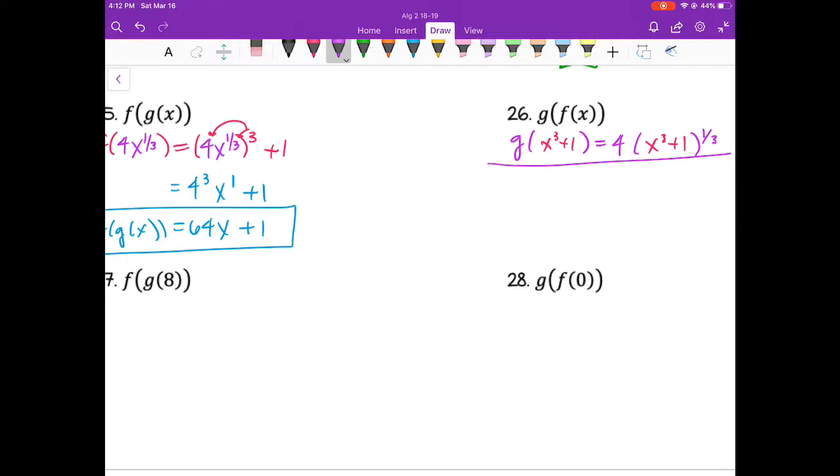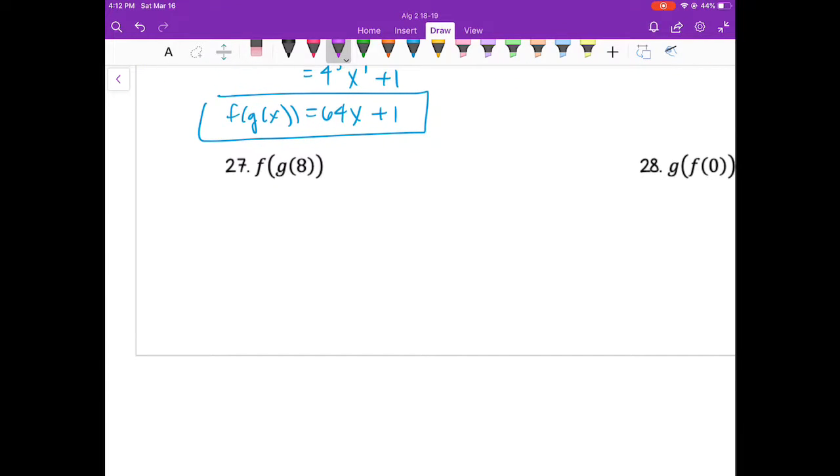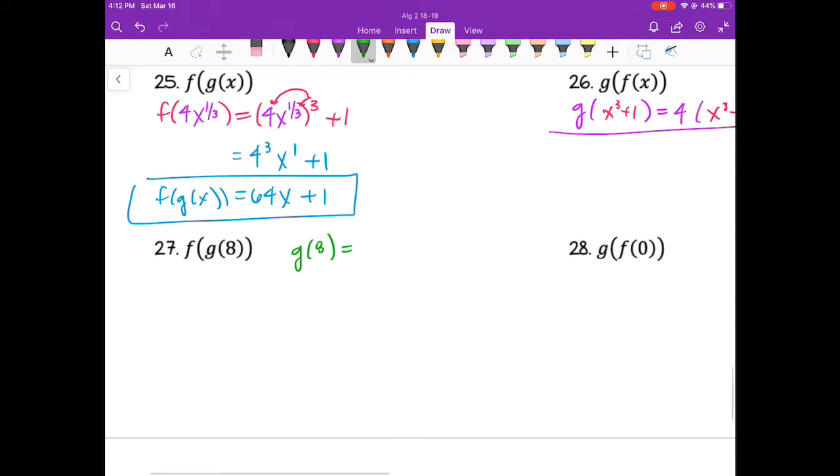Number 27, finding f of g of 8. So the first thing I'm going to do is I'm going to find g of 8. Well, g of 8, I'm going to take 4 times 8 to the 1/3. Order of operations, I have to do those exponents first. 8 to the 1/3, that's the cubed root of 8. Cubed root of 8 is 2. So I'm taking 4 times 2, I get 8 out, which is kind of interesting.